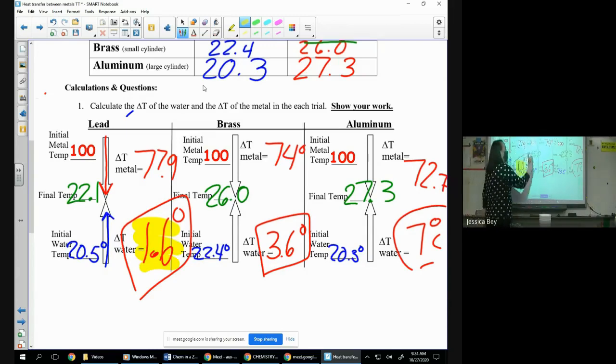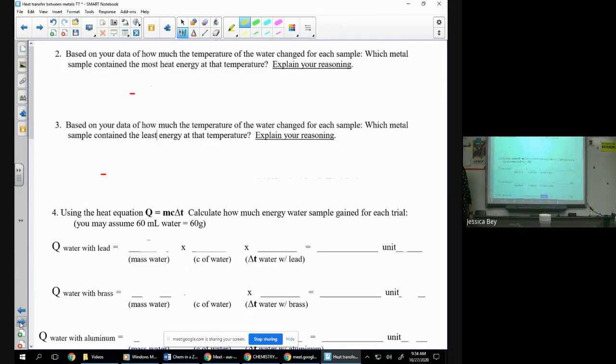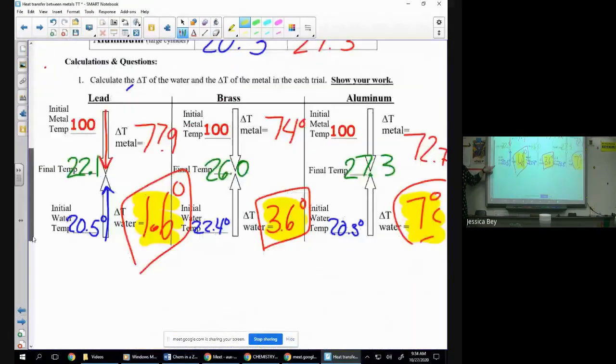When you chuck the really hot brass in, it only warmed it up 3.6 degrees. And when you chuck the really hot aluminum, it warmed it up 7 degrees. So looking at the questions on the back, based on your data of how much temperature the water changed, which sample do you think contained the most thermal energy?